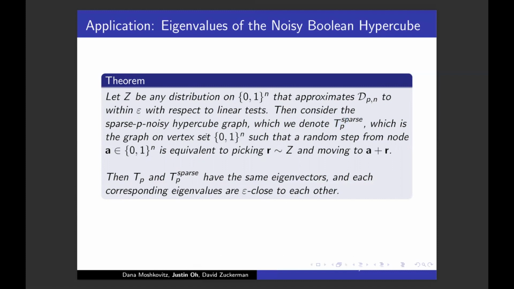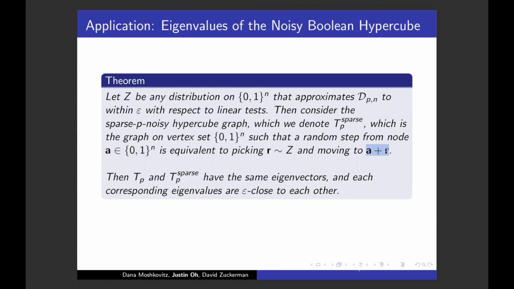This is also a graph on 0, 1 to the n, and now a random step in this graph is just picking a random sample from z instead of d sub p comma n and moving to the node a plus r. And again, this a plus r is the bitwise addition of the vectors.